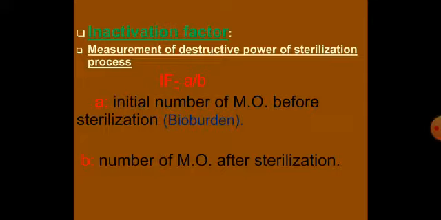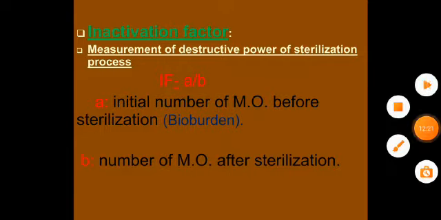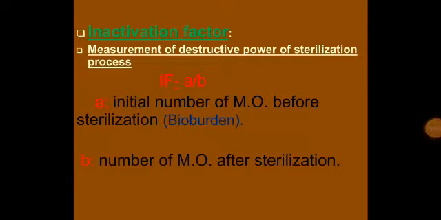And after sterilization process, I count the microorganism again, and by division of the initial number of the microorganism before sterilization over the number of the microorganisms after sterilization in our raw material or any other pharmaceutical product, it will give the inactivation factor, which is the total destructive power of sterilization process, and it's called IF.